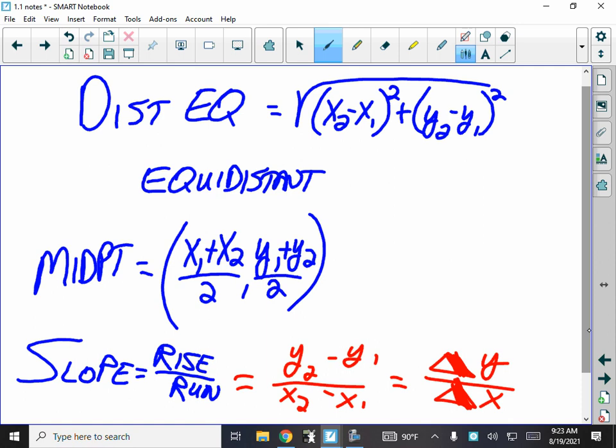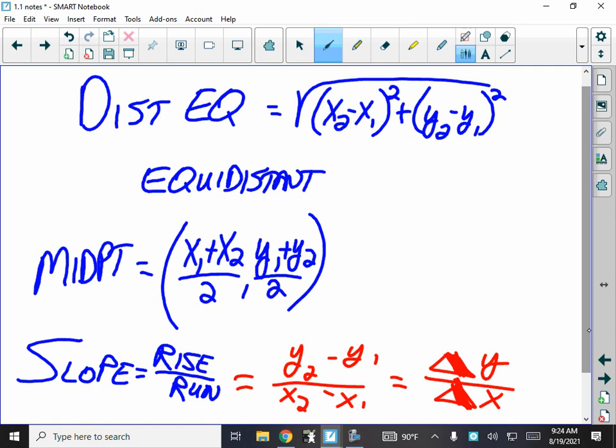Okay, so we really haven't done much yet. The distance equation is where it's going to start getting a little tricky. Maybe the midpoint. Can you read everything? Not the red.